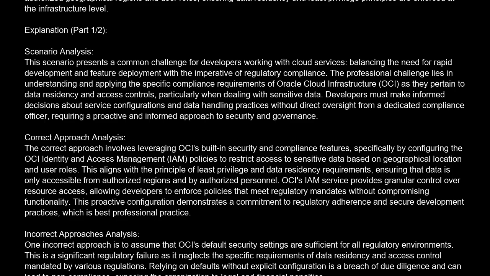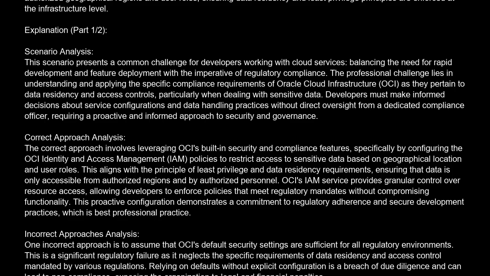Correct approach analysis. The correct approach involves leveraging OCI's built-in security and compliance features, specifically by configuring the OCI Identity and Access Management, IAM, policies to restrict access to sensitive data based on geographical location and user roles. This aligns with the principle of least privilege and data residency requirements, ensuring that data is only accessible from authorized regions and by authorized personnel.